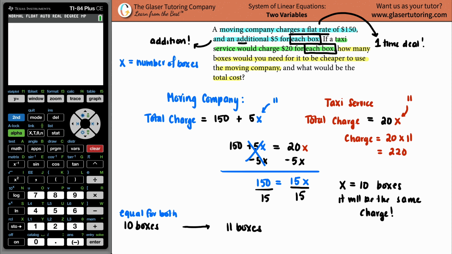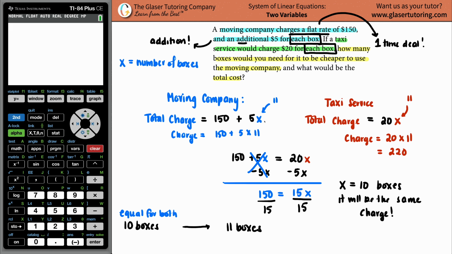Now, if we do the charge for the other one, this is still going to be 150 plus 5 times 11. Let me just move this a little bit down. So this is basically 5 times 11 is 55. And now, this is, I think, where the moving company wins because your charge now is only going to be 205.